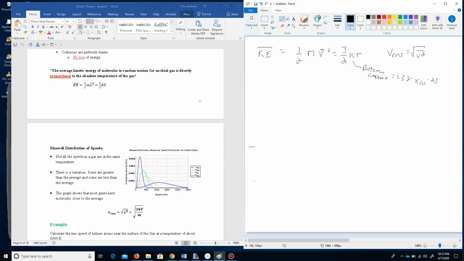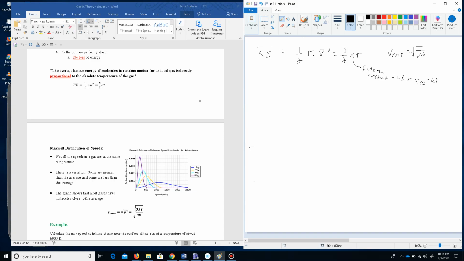Right, so when we have these gases in these containers and they're moving around, you'll have different speeds for each molecule, and this is a graph of the different speeds and how they're found. So where it becomes a hump, this is going to be where the highest amount of particles are at that speed.